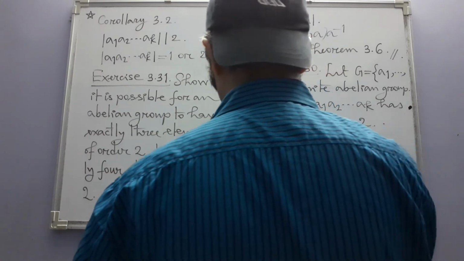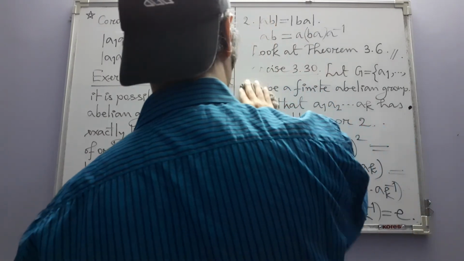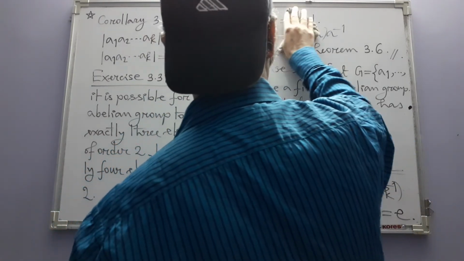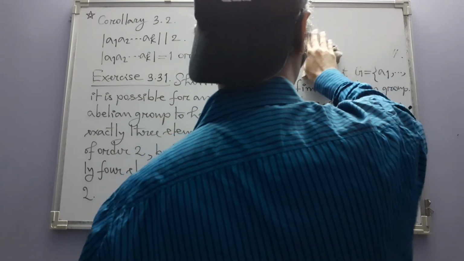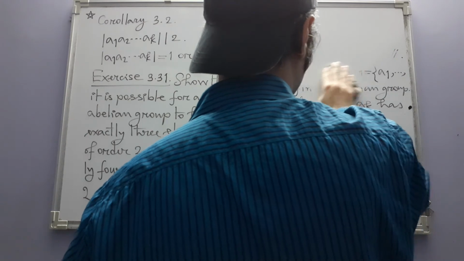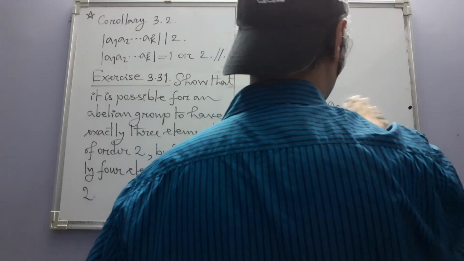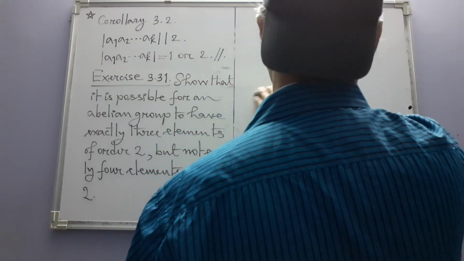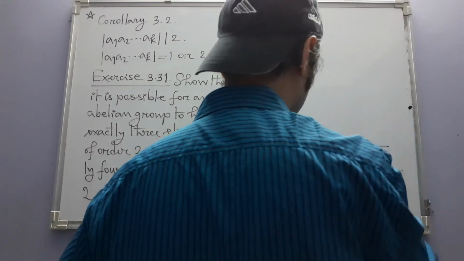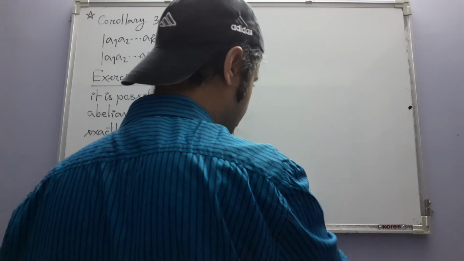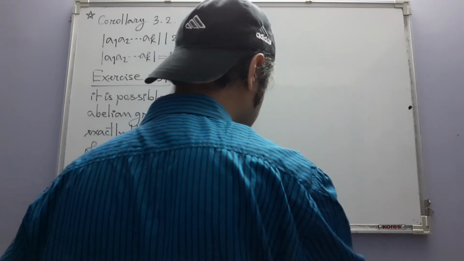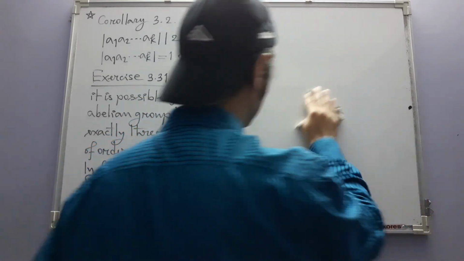Now, what is the idea here in this exercise? For the first part, to show that we can have a group with exactly 3 elements of order 2, we actually have to produce an example. And for the second part, that there can never be an abelian group with exactly 4 elements of order 2, we have to provide some sort of argument.